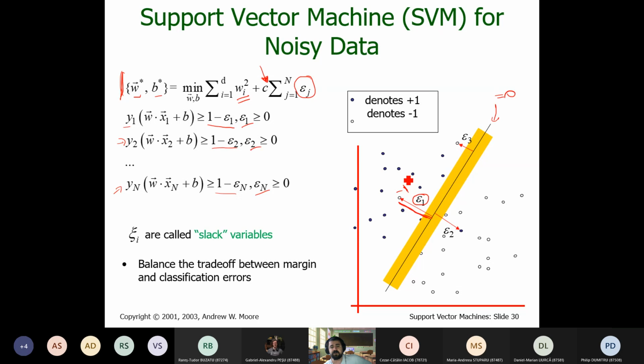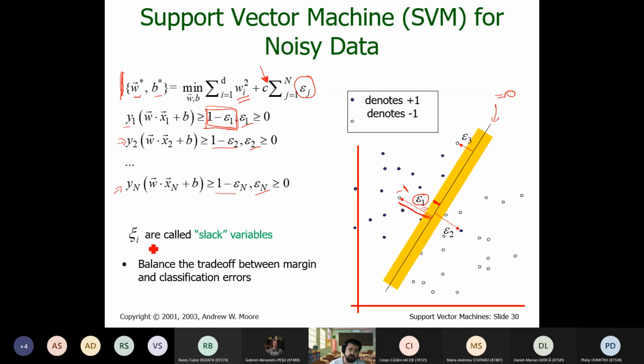And if we consider 1 minus this distance, it means where it should have been placed in order to be correctly classified, because this is 1 from here to here, as you saw in the previous slides. And if this distance is greater than 1, then this value is smaller than 0, and this is where it should have been placed.